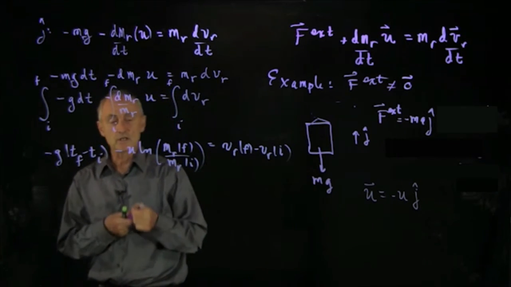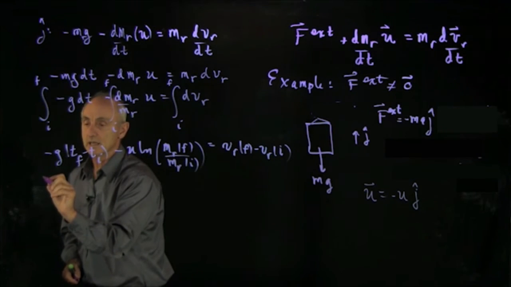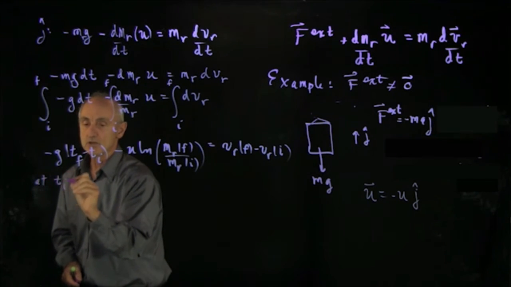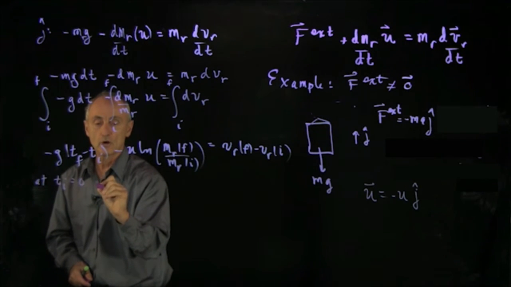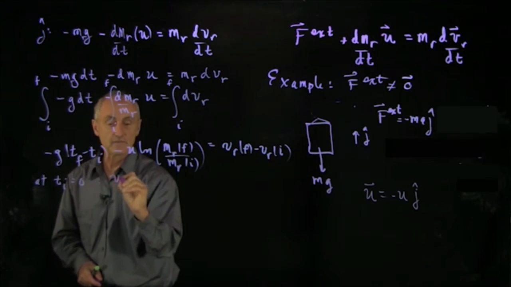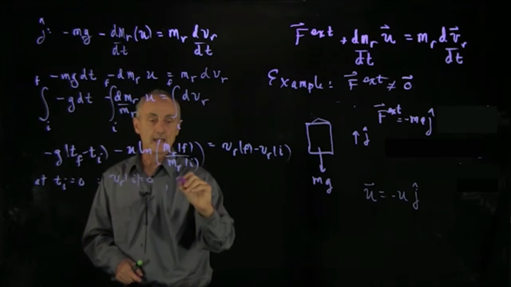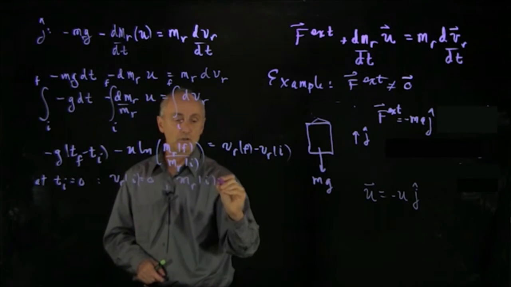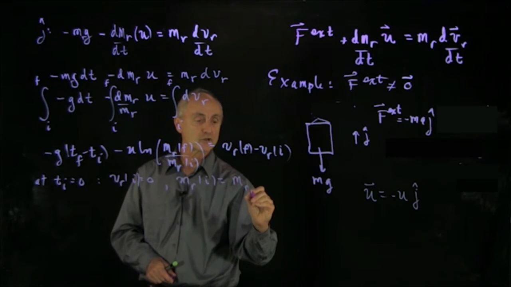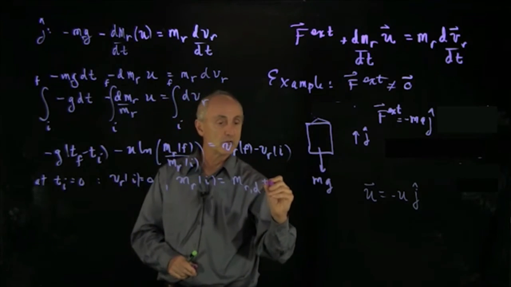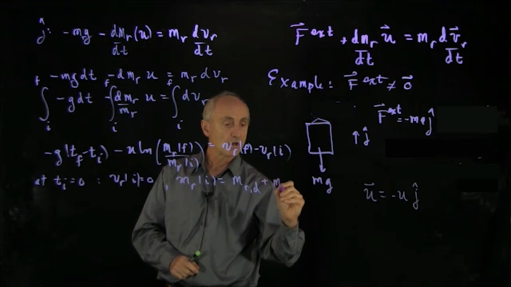Now what we notice here is, let's look at some rocket taking off. So suppose that at t initial equals 0, we have the special condition that v_r initial equals 0. And m_r initial equals the mass of the rocket, dry mass, that's not counting the fuel, plus the total mass of the fuel.